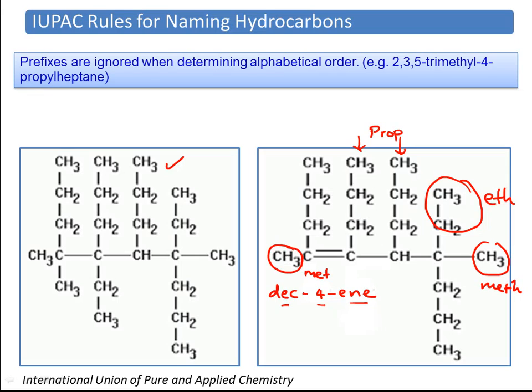So the positions for this one are 4, 5, 6, 7. So this one will still remain 4,7-dimethyl, and this one will be 7-ethyl, because we've got 1 ethyl now, and this one will be 5,6-dipropyl.